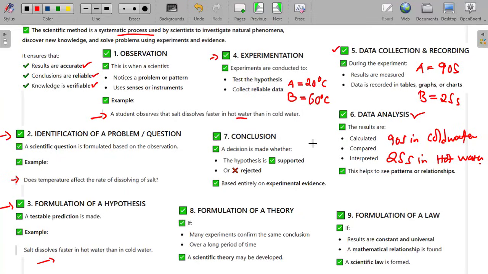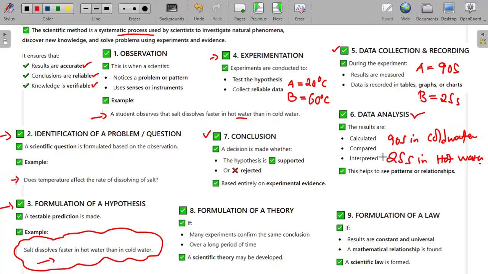And then the next step will be the conclusion. What are you concluding from whatever you've found there? In your conclusion, you either state that the hypothesis you had made is supported by the data you've collected from the experiment, or that it's not supported. In this case, remember our hypothesis: salt dissolves faster in hot water than cold water.